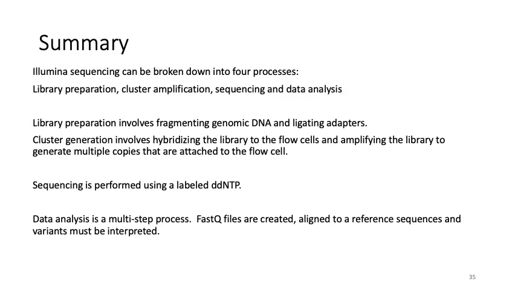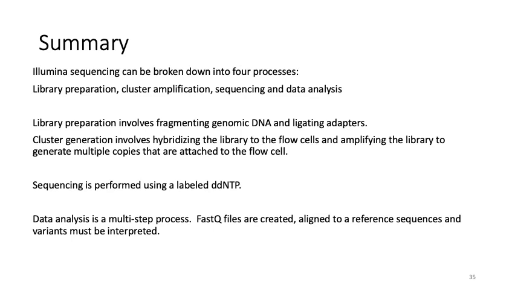In summary, Illumina sequencing, or sequencing by synthesis, can be broken down into 4 processes: library preparation, cluster amplification, sequencing, and data analysis. In library preparation, the genomic DNA is fragmented and adapters are ligated.